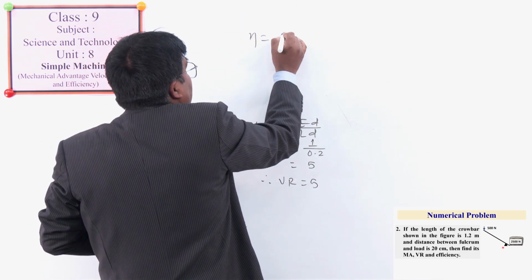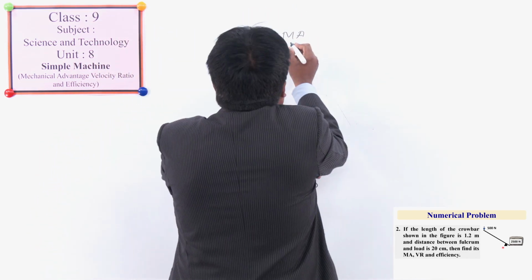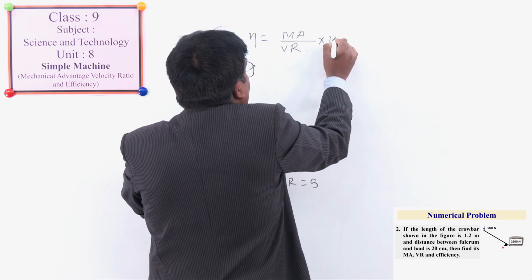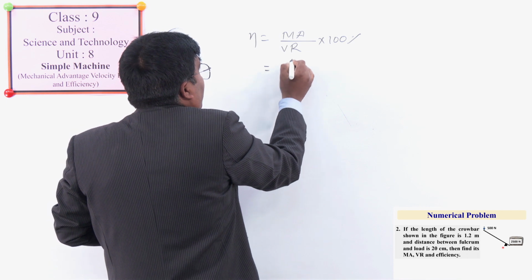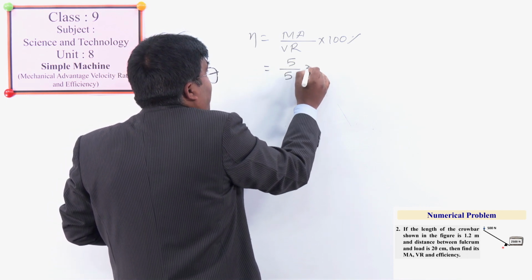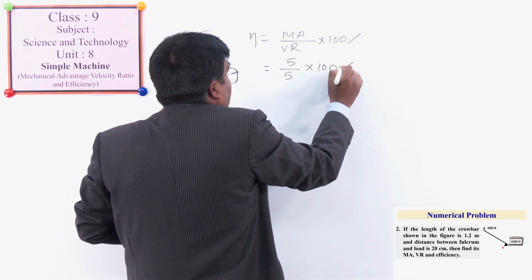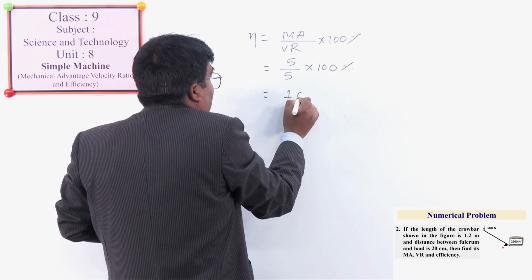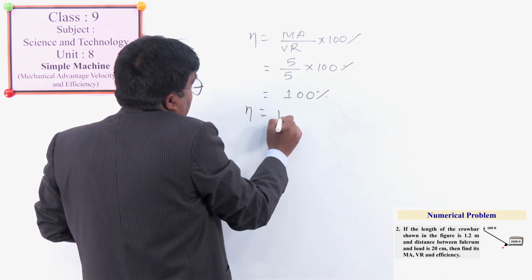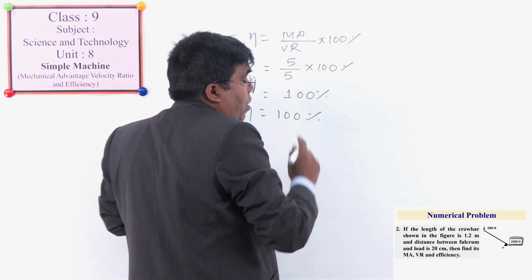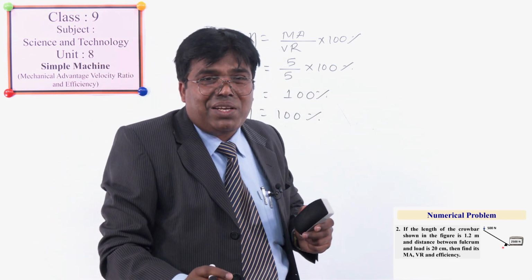Now efficiency is MA by VR into 100%. So obviously MA we have 5, VR 5, into 100%. This is 100%. As I have already explained, efficiency 100% is practically not possible, but mathematically we can.